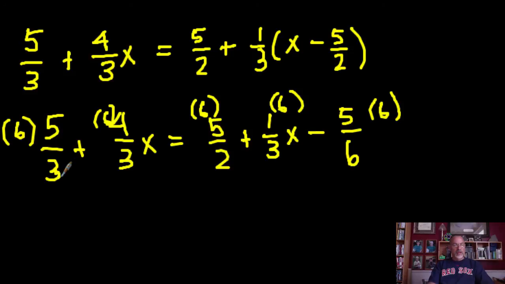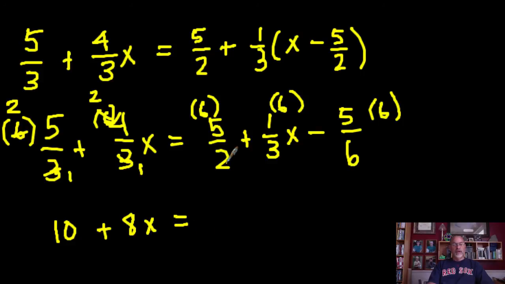So in this first fraction, the 3 is divisible by 3, and the 6 is divisible by 3, leaving 2, so 2 times 5 is 10, over 1, which is just 10. The second term, the 3 is divisible by 3, the 6 is divisible by 3, leaving me 2 times 4, which is 8x over 1, which is just 8x.